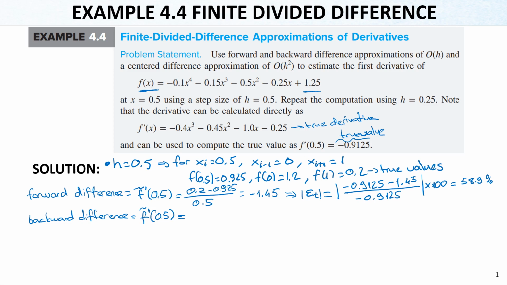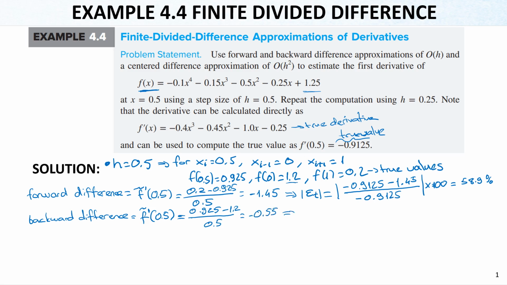And here, f xi, which is 0.925, minus f xi minus 1, this value, 1.2, divided by the step size, 0.5. This gives us minus 0.55.